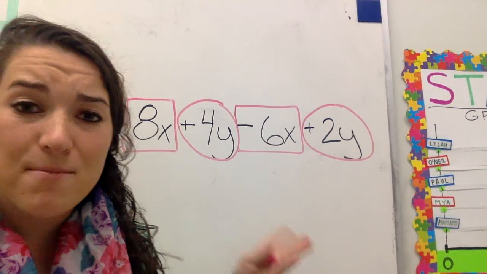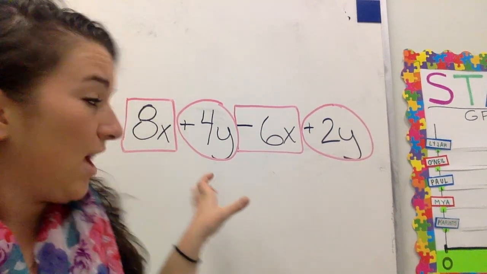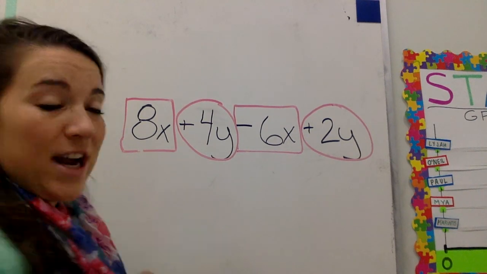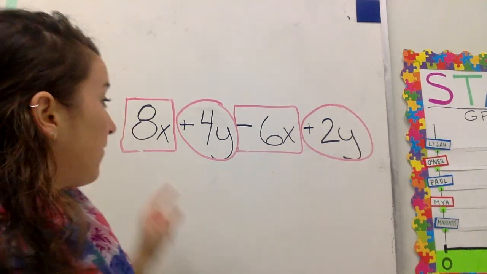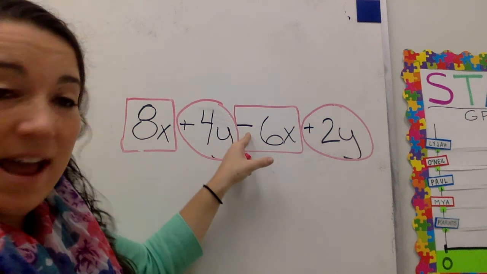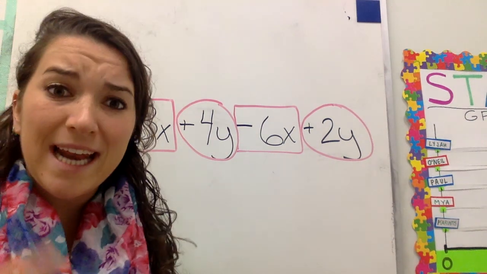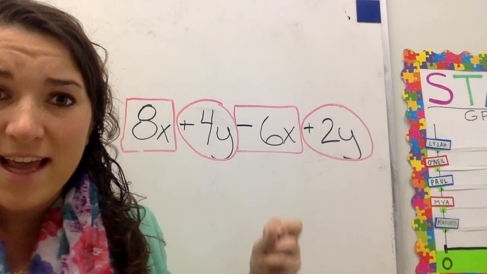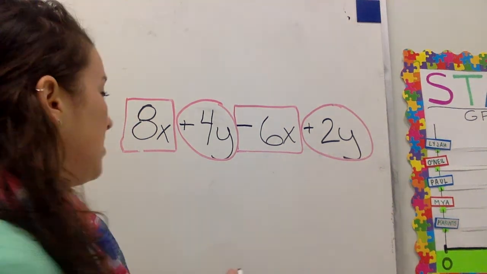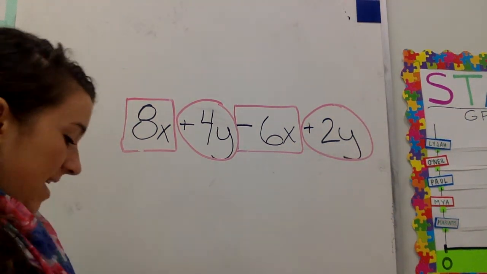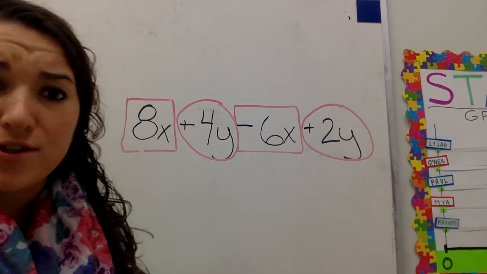All right, now what I'm going to do is take what I have in my rectangles or my squares and combine those first. So first I have 8x and minus 6x. So I have 8x and then I'm taking away 6 of those x's. I'm going to rewrite it now, reordering all the terms.